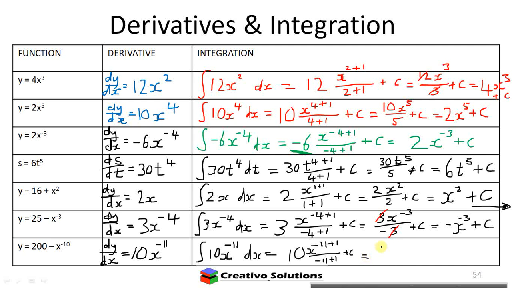That gives me 10x to the minus 10 over minus 10 plus c. A positive over a negative, cancel the 10s, lands up with minus x to the minus 10 plus c.